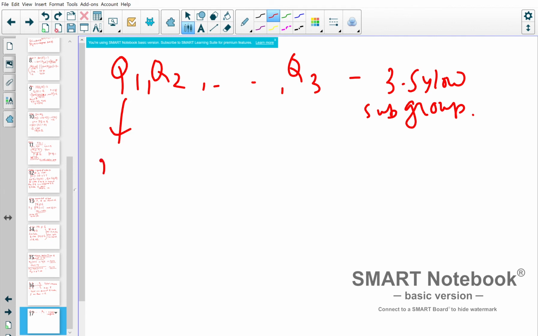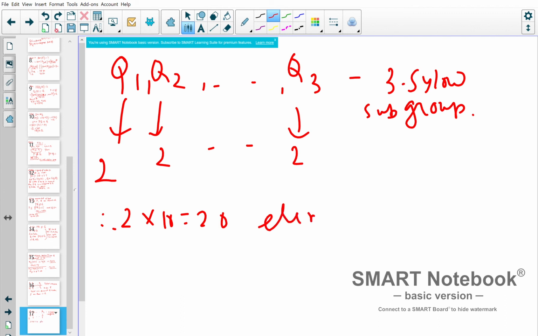So you have 2 elements of order 3 here, also 2 elements of order 3 there, and so on. So the total is 2 into 10, which is 20 elements of order 3 in G.